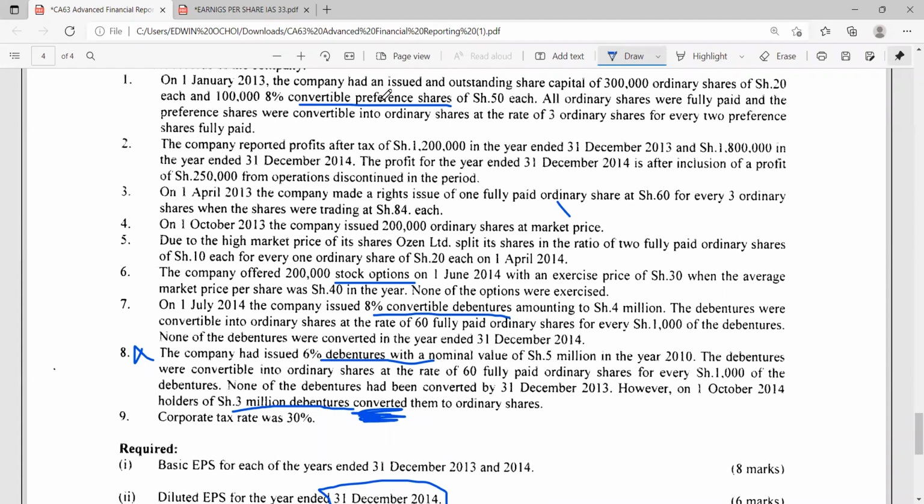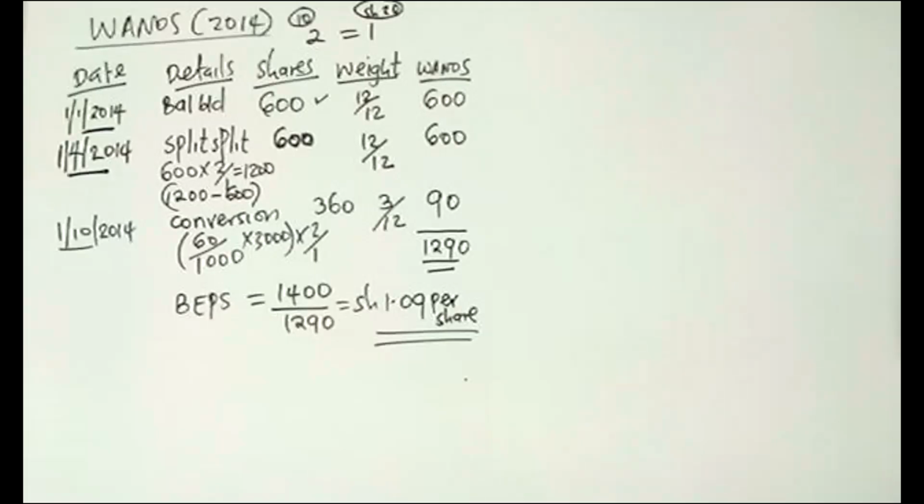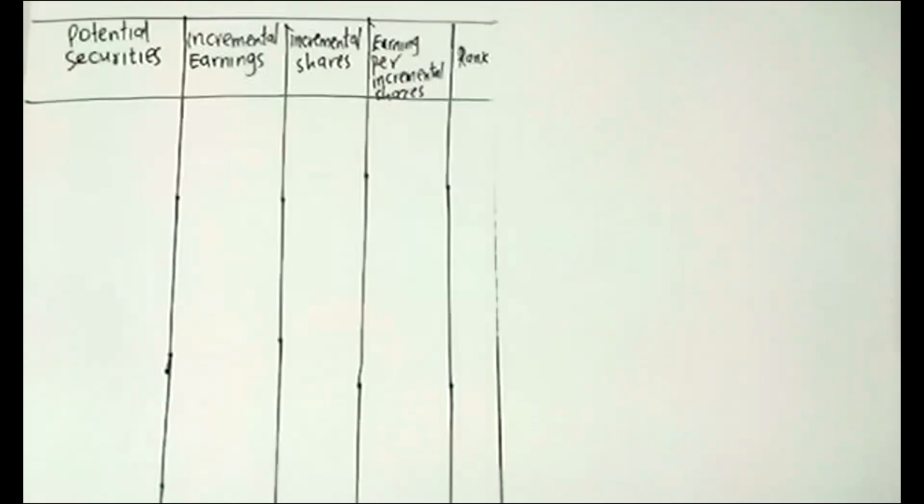So let us start from the convertible preference shares. Then I explain what you are supposed to do. Which columns are you supposed to prepare? So let's go ahead and do that. So when you are preparing your diluted EPS, the steps to follow.